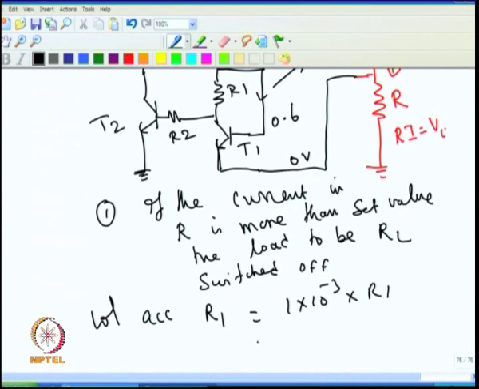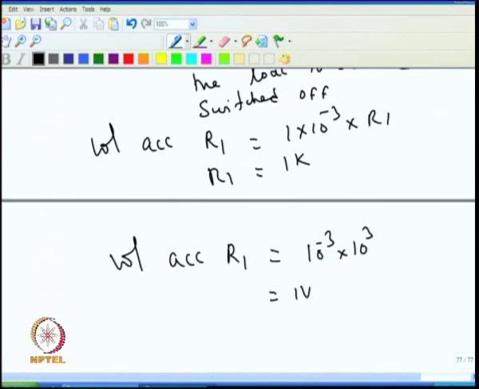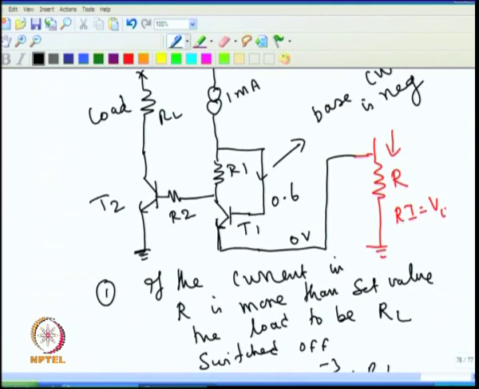Assume that R1 is equal to 1 K. Then the voltage across R1 is 1 milliampere into 1 K, that is equal to 1 volt. So, at any given time the voltage across R1 will be 1 volt. This is what we have decided first.